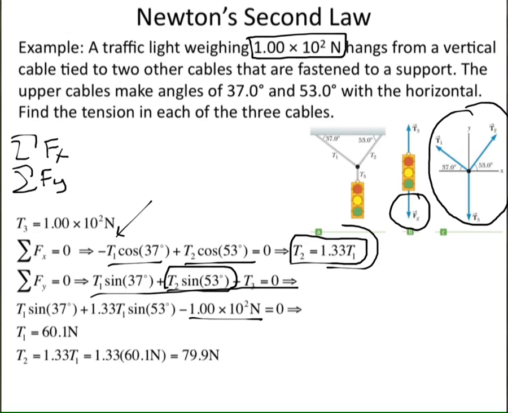So the rest is, you can solve for T1, and once you find T1, you can solve for T2. So this is the example of application of free body diagrams to an object which is in equilibrium.